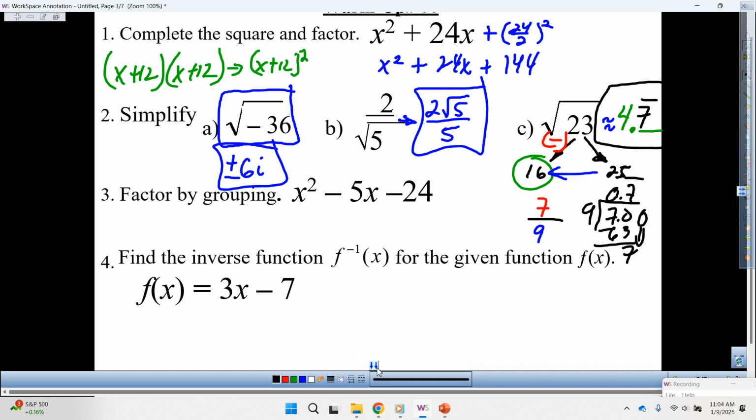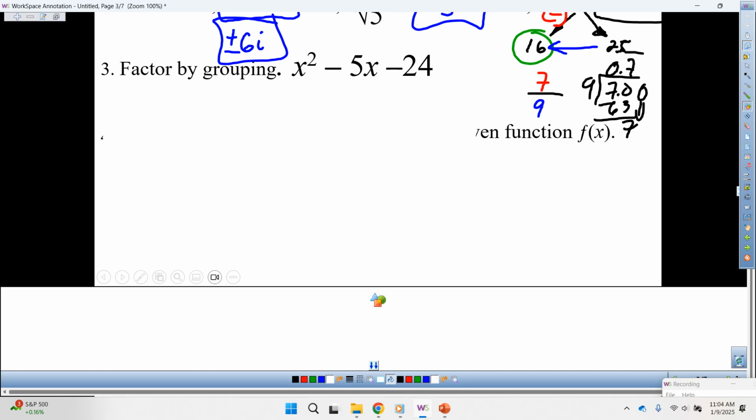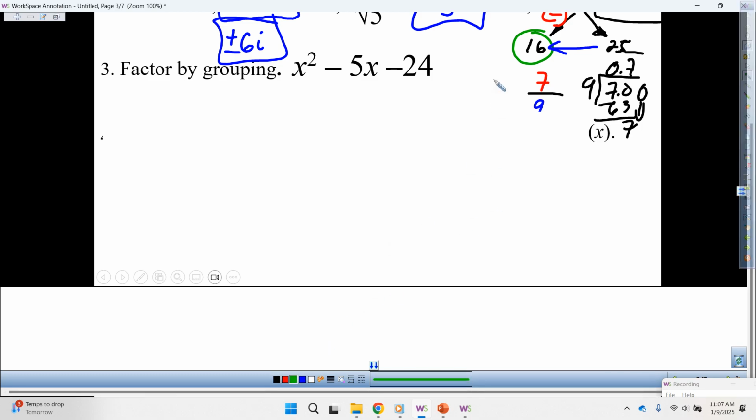Let's go to number 3. Mario, pass them one. Enrique, walk us through that one. We got negative 24 and negative 5. Negative 8 and 3. All right, then drop x squared. Drop negative 24.